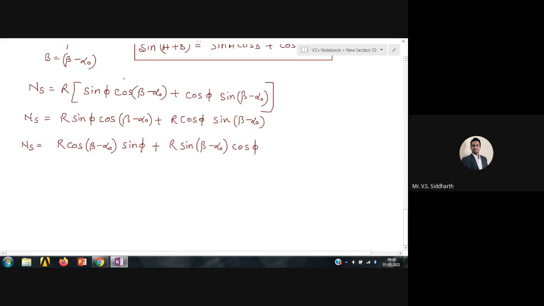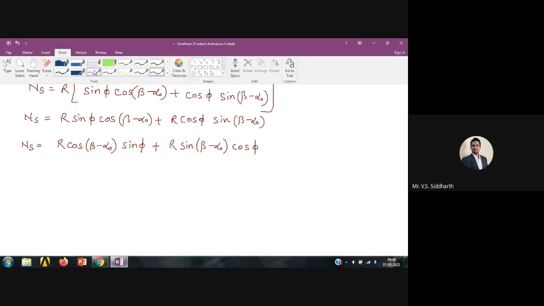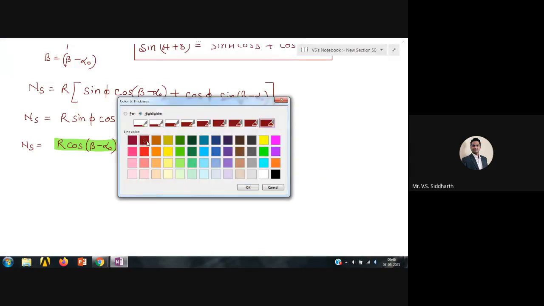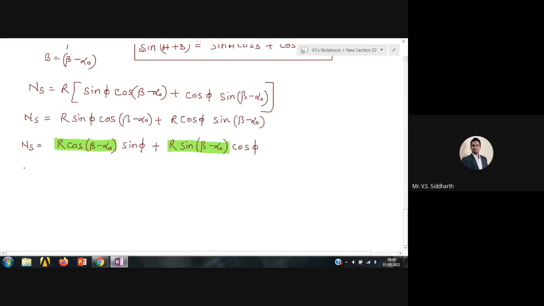Now what is this R cos(beta minus alpha naught) and what is this R sin(beta minus alpha naught)? Tell me. Ns will be what?